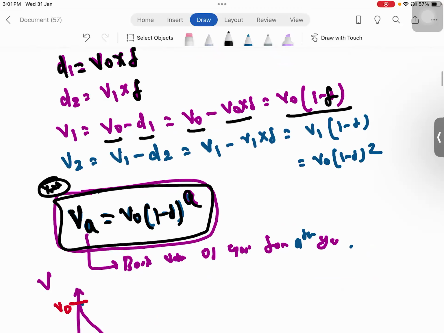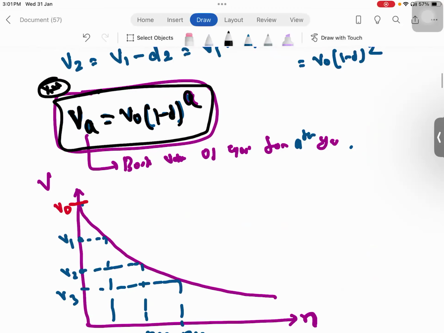But here you will see that we have assumed that the depreciation in every year is not going to be the same, as we assumed in the straight line method. Here, the curve will look like this. Initially, you will see a very steep curve, and after that the slope of the curve is decreasing. So the declining balance method will give you more depreciation in the early phases of the service life compared to the later periods.